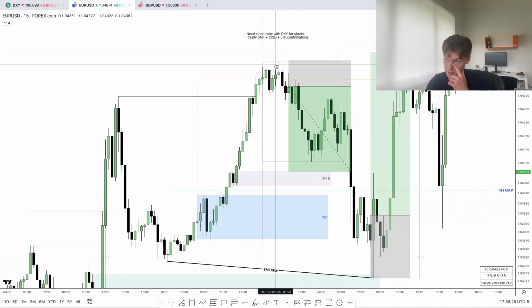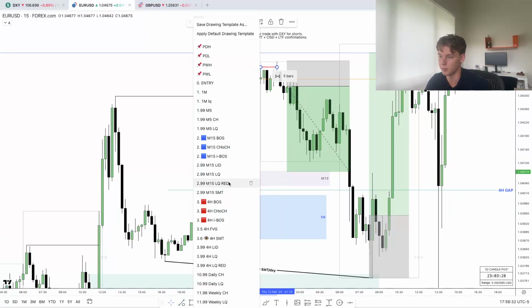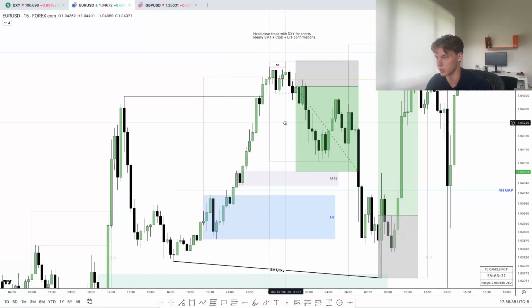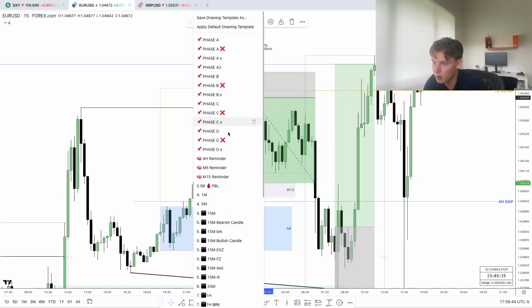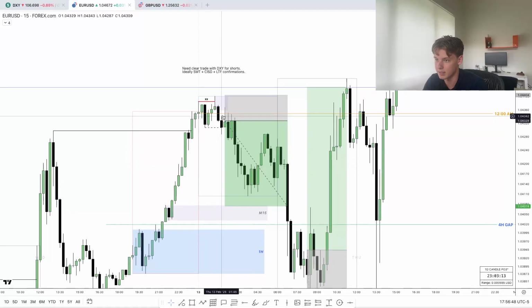First one is this one, okay? Very simple sweep of liquidity, market structure shift here, market structure shift, and then we come back into the top, into this order block, and then price tanked lower.